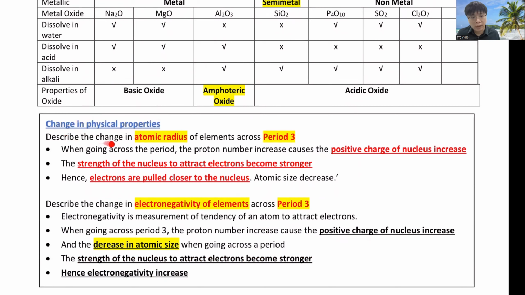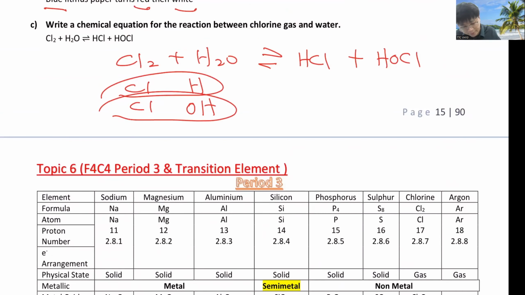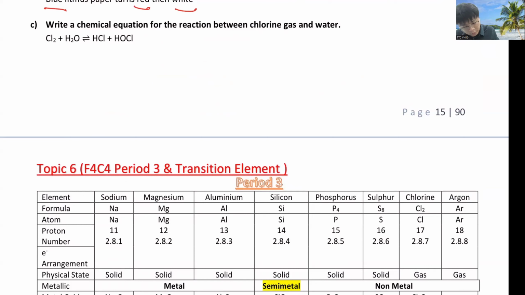When going across a period, the radius becomes smaller. The reason is that when you go across a period, the proton number increases and causes the positive charge to increase. Let's say we talk about sodium, aluminium, and chlorine.